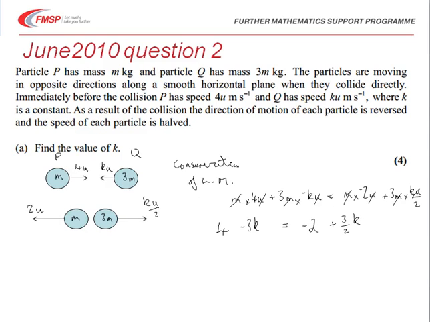Different ways of solving that obviously, but one way is to multiply throughout by 2 to give 8 minus 6k is equal to minus 4 plus 3k. And that gives you a total of 9k equal to 12, or k is equal to 4 over 3.